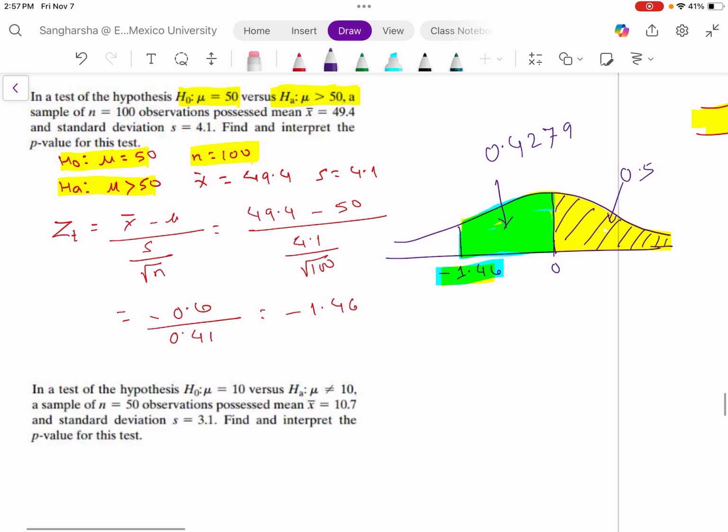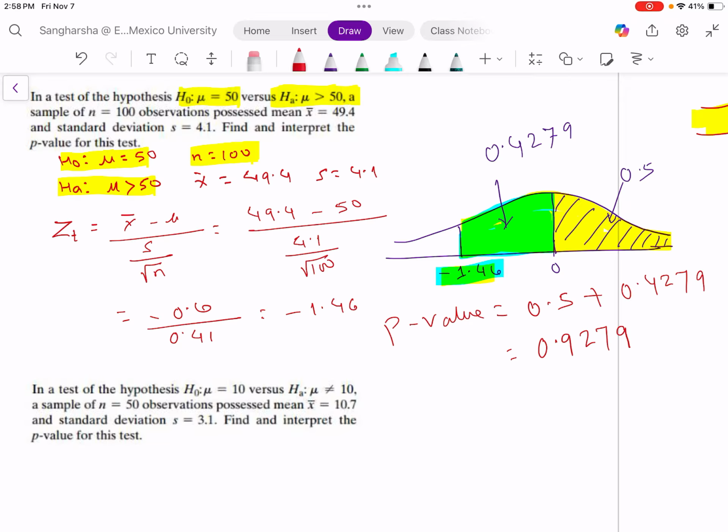So the p-value is 0.5 plus 0.4279, which is 0.9279. Okay, so now what does it mean for us?